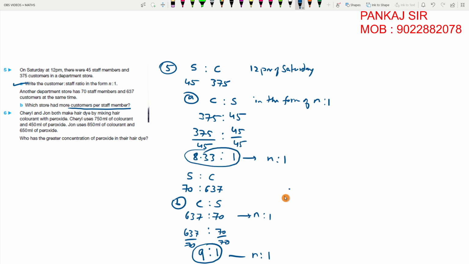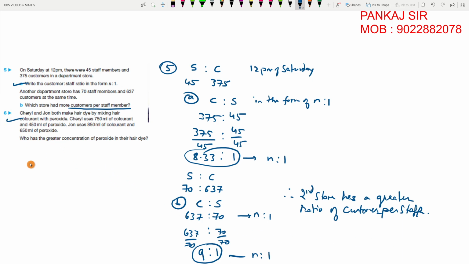So obviously the second store has a greater ratio of customers per staff. Okay. So that was question number 5.